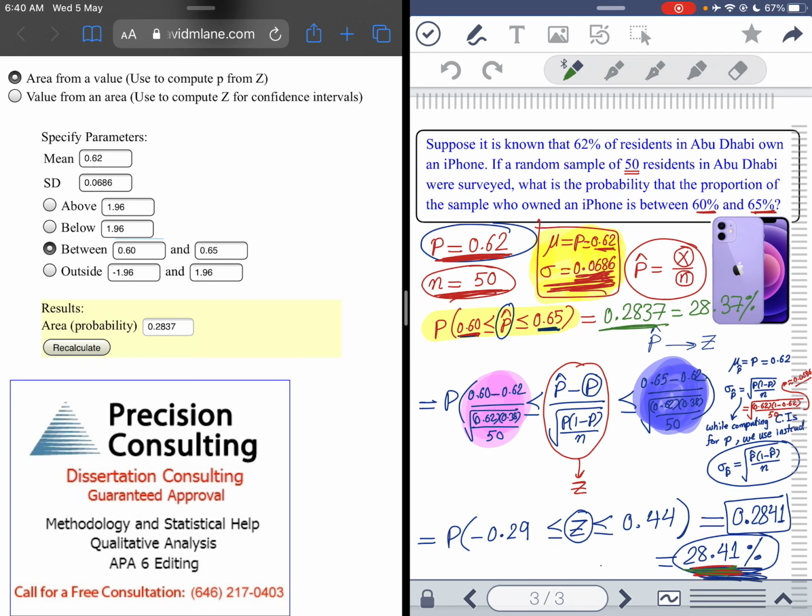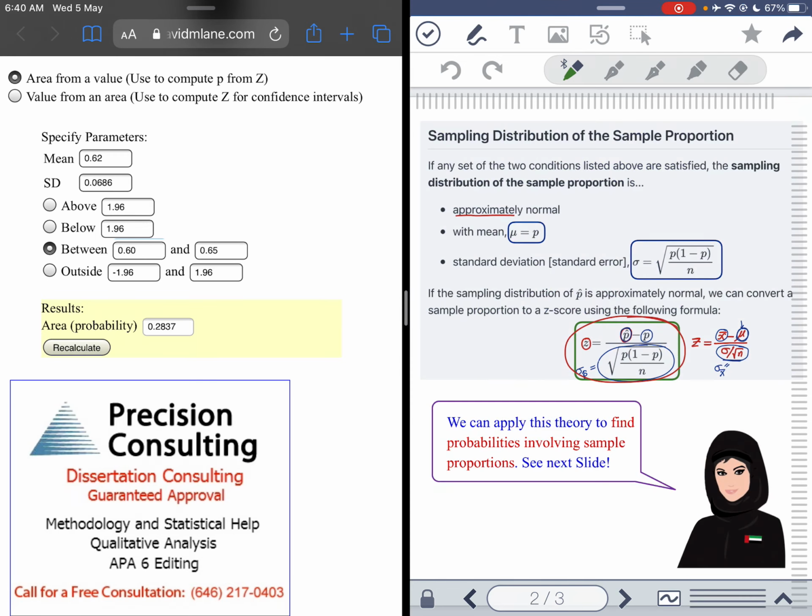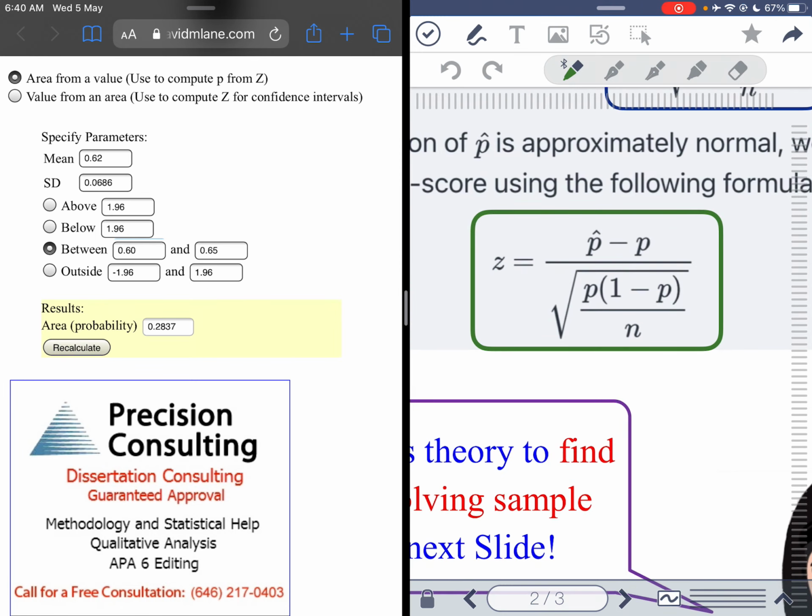Computing probabilities is not included here, but it's important to see it so that you know how to change to the Z-score. Because this Z-score that you have here would be your test statistic when you are doing hypothesis testing for population proportion.